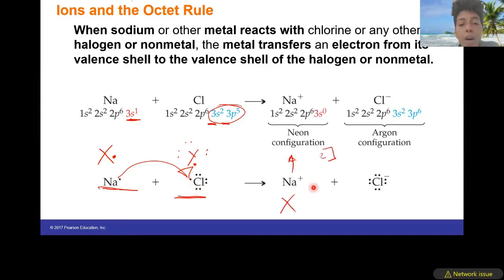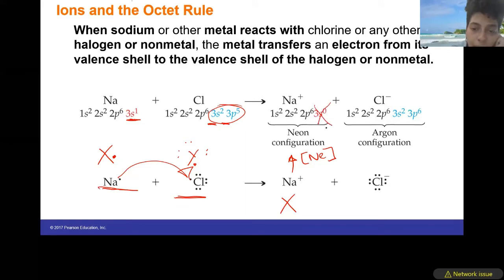And now what we see is that our sodium is going to be positively charged, because it no longer has that electron in the 3s, right? So we can actually cross this guy out. And now we're left with the neon electron configuration.